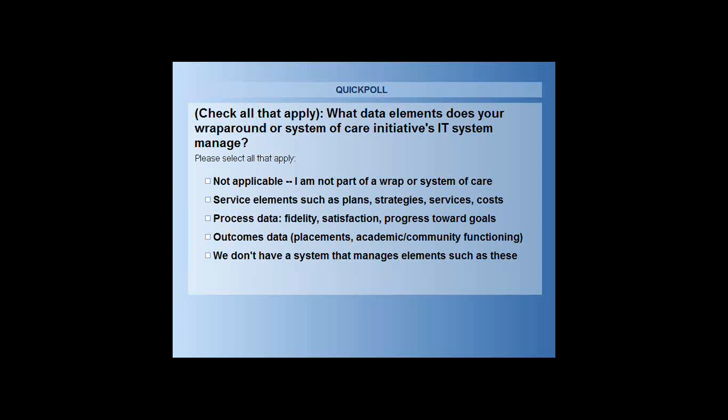So the service elements like the plans, strategies, services, and costs, process data like fidelity, satisfaction, and progress toward needs or goals, and outcomes data like placements, community functioning, and so forth. Check all that apply, or if it is more appropriate to check not applicable or that you don't have an IT system, check those options. It'll be interesting to see what folks who are on this webinar say here. And we'll give you a few more seconds.